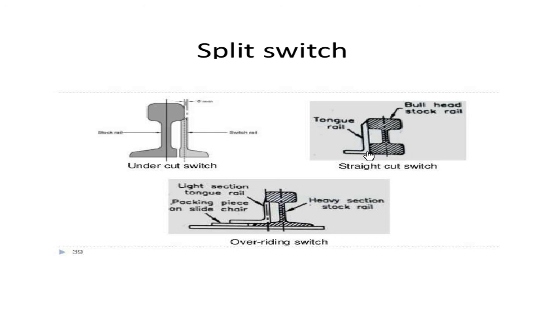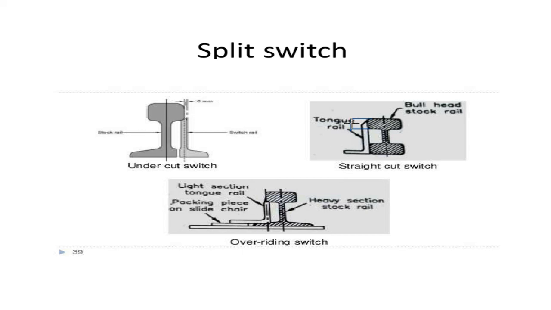So if you are keeping the straight cut switch here, then what will happen for a bull-headed? This will come to this side, then the switch will come to this side. Okay, what I am saying is, if this is the bull head, okay, that means compared to the lower portion, this is heavier portion or it is having a higher dimension, then this tongue rail will be getting shifted to this side.